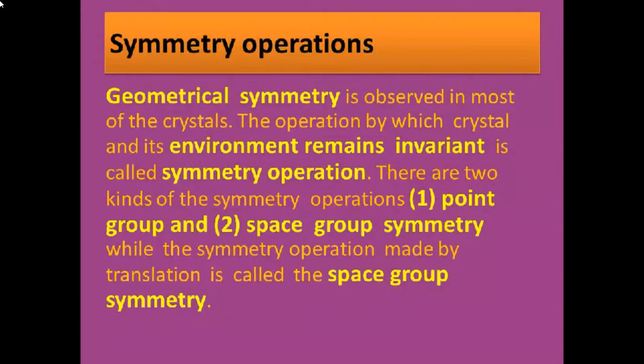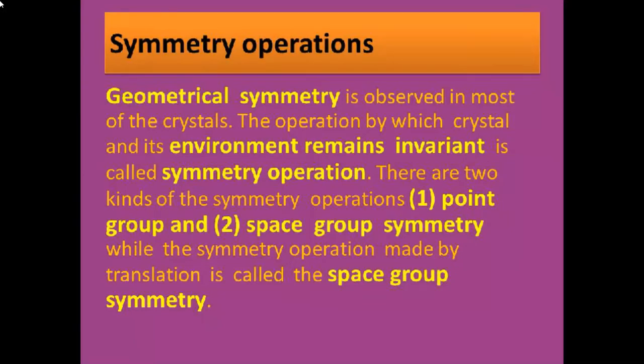Before going into symmetry operation, first we should know certain things, that is, geometrical symmetry is observed in most of the crystals. The operation by which the crystal and its environment remain invariant is called a symmetry operation. Very important, under symmetry operation the crystal and its environment remain invariant.